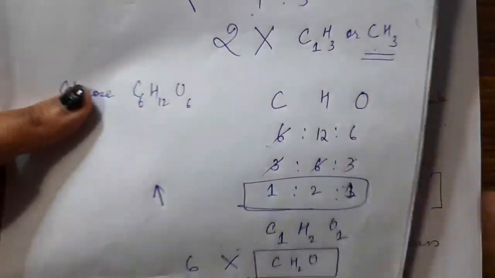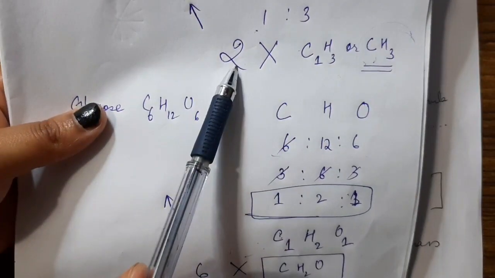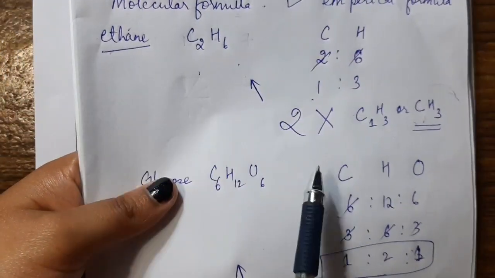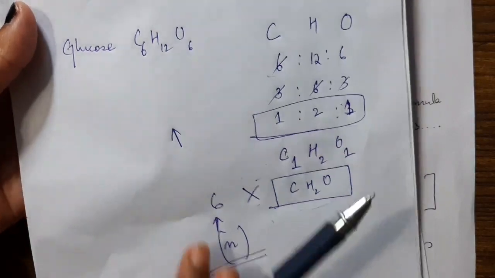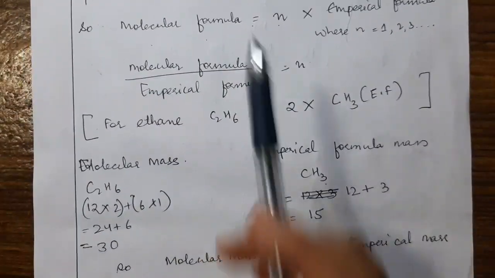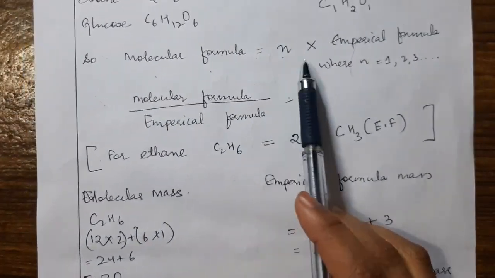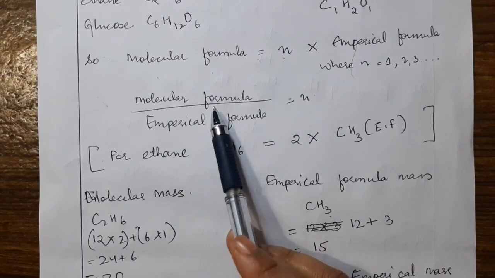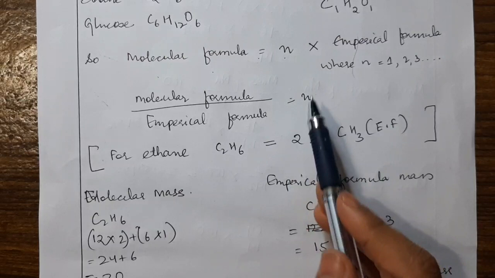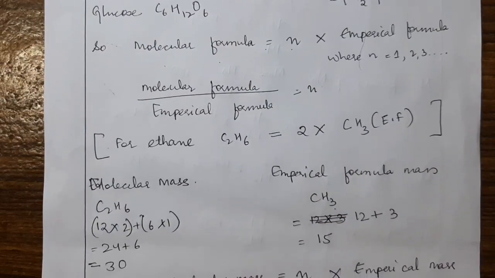For example, here we have got 2 for ethane, and here we have got 6 for glucose. So molecular formula by empirical formula equals n, an integer.